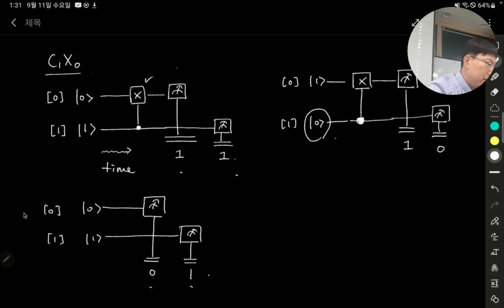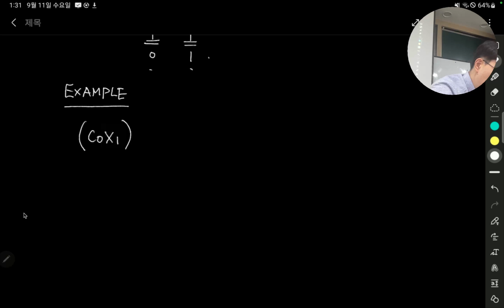Okay, so how about let's do some example here. So here's an example. What will be the result if you apply the C0 gate here?